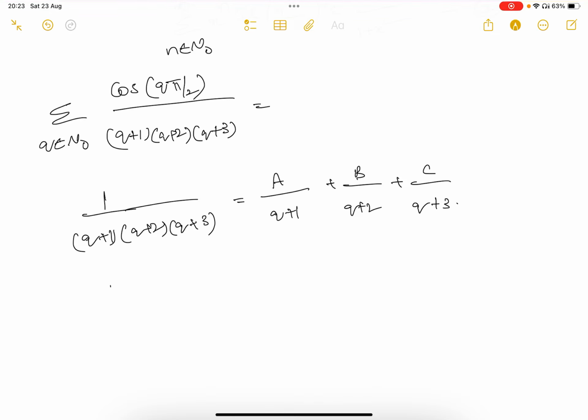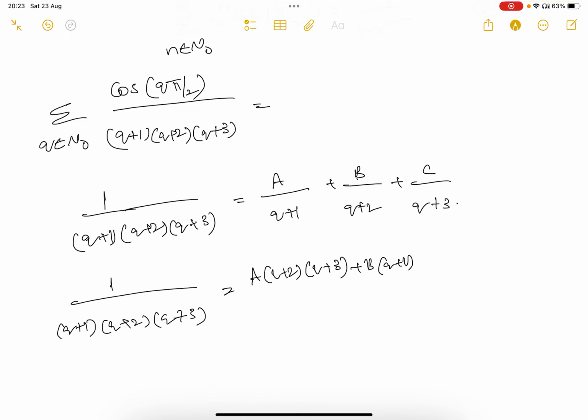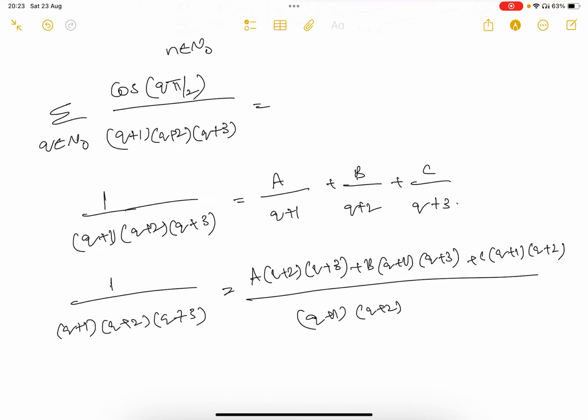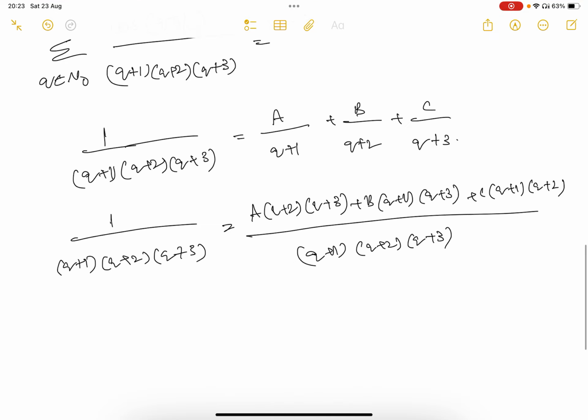So this 1 by (q plus 1)(q plus 2)(q plus 3) will be a into (q plus 2)(q plus 3) plus b into (q plus 1)(q plus 3) plus c into (q plus 1)(q plus 2), by (q plus 1)(q plus 2)(q plus 3). So the numerators must be equal in this case, right?